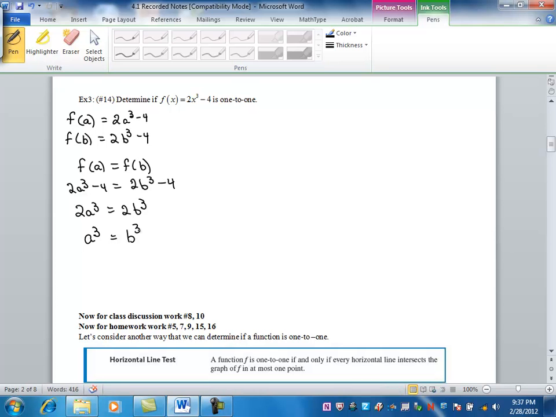Now we can take the cube root of both sides, and we'll show that a equals b. So f of x equals 2x cubed minus 4 is one-to-one.